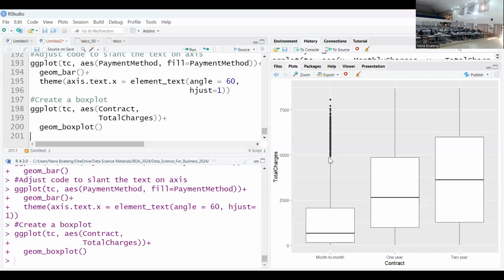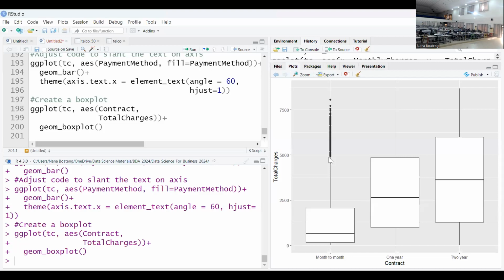That is why you have the median at exactly like 50% of it. But with the month-to-month contract, you see that the median is lower. Okay, so the majority of the data are lower.